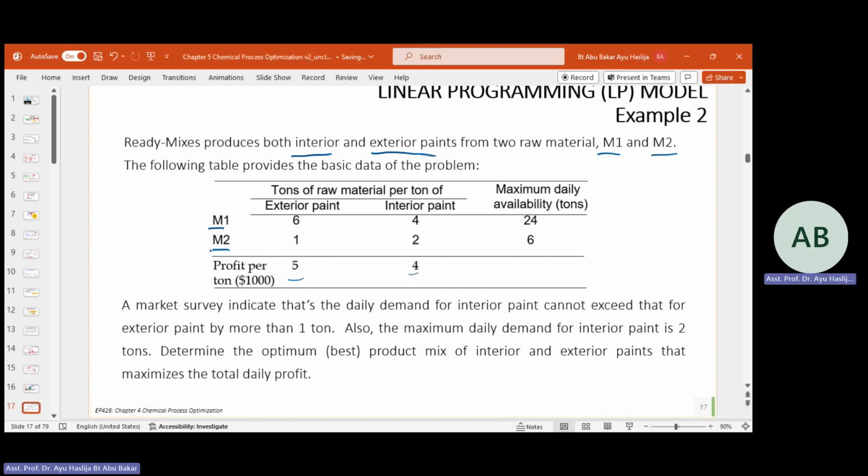Now, a market survey indicates that the daily demand for interior paint cannot exceed that for exterior paint by more than 1 ton. Interior cannot exceed exterior by 1 ton.